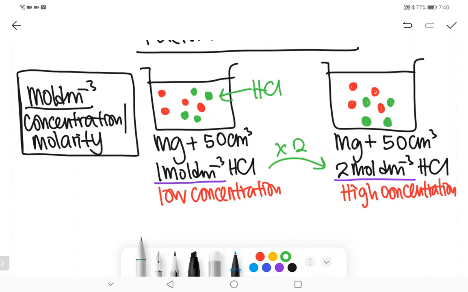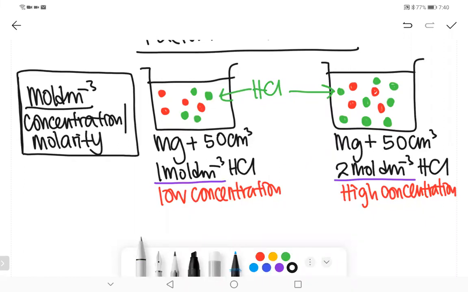So now we have to draw 8. We have 8 hydrochloric acid particles now, because when we double the concentration, we have more and more hydrochloric acid particles.